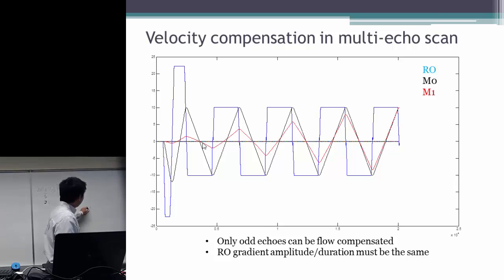For the M1, it is basically the integral of G and tau d tau.